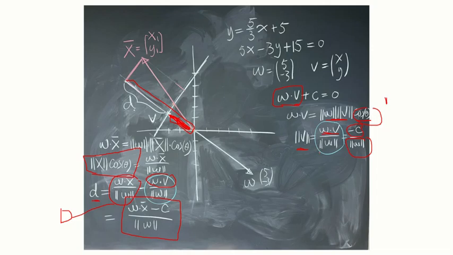So that's why you write the length of the V in this way. And then you replace dot product of W and V using the constant minus C because you define the line here. So there's some replacement, and at the end you get this relationship, okay?